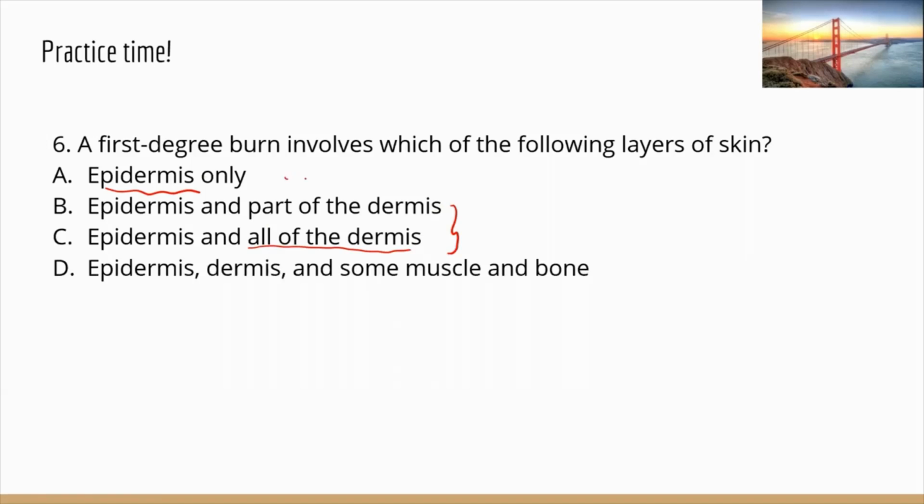So this is first degree, this is second degree, and this is third degree. Okay. And D, that's really, really bad, right? The burn goes all the way down to the muscle and bones. So the correct answer is A. And in fact, sunburn is usually classified as a first-degree burn, epidermis only. Okay.